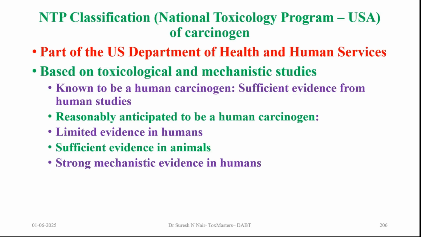The third class is limited evidence as a human carcinogen. The fourth class is sufficient evidence in animals. And the last class is strong mechanistic evidence in humans. So based on the mechanism, because in human beings that particular enzyme is there, there will be high chances of developing into a tumor. That is what strong mechanistic evidence in human beings means.